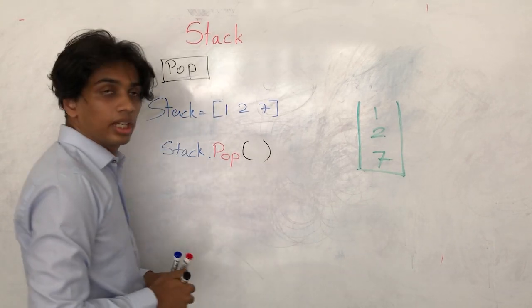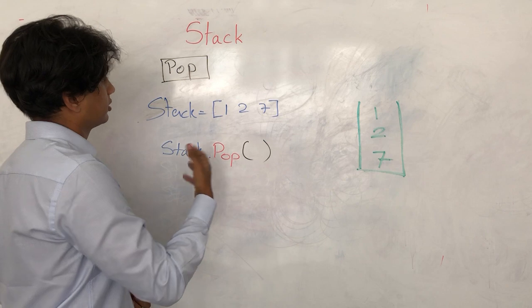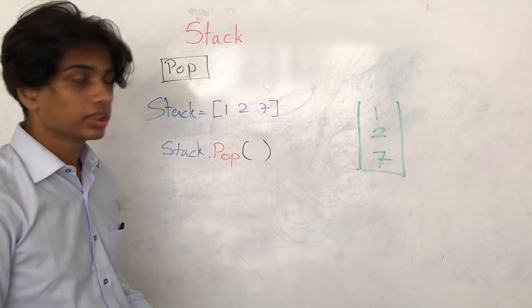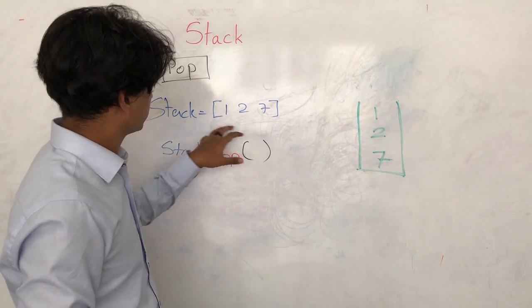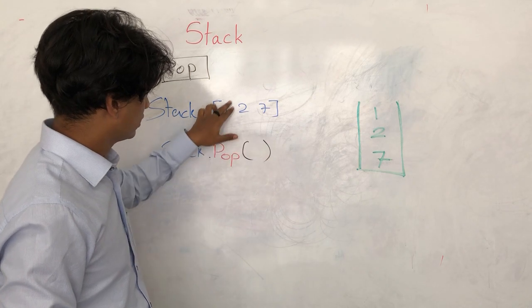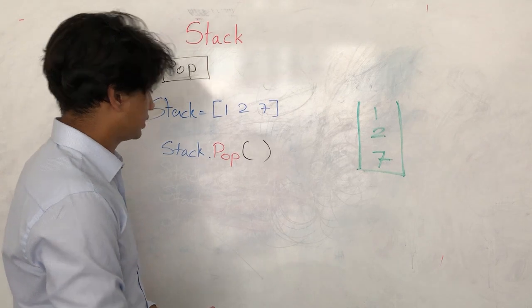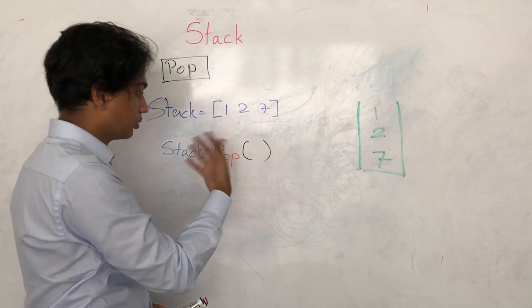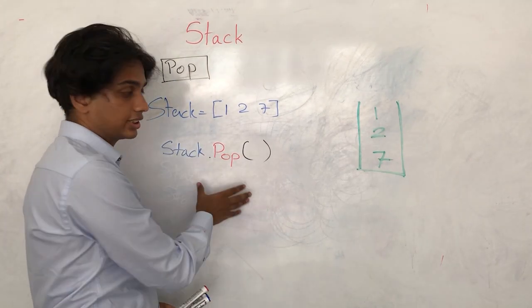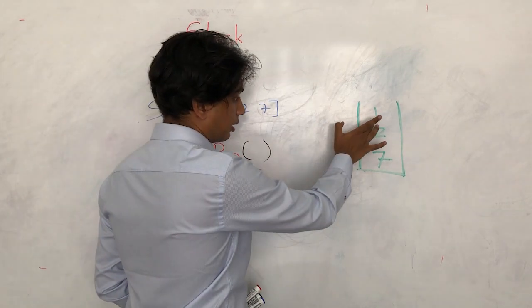It removes the last element that we have placed in our stack. I think you can remember in the previous example we entered number 1 last, which means the first element that is going to be popped out from this stack will be number 1.